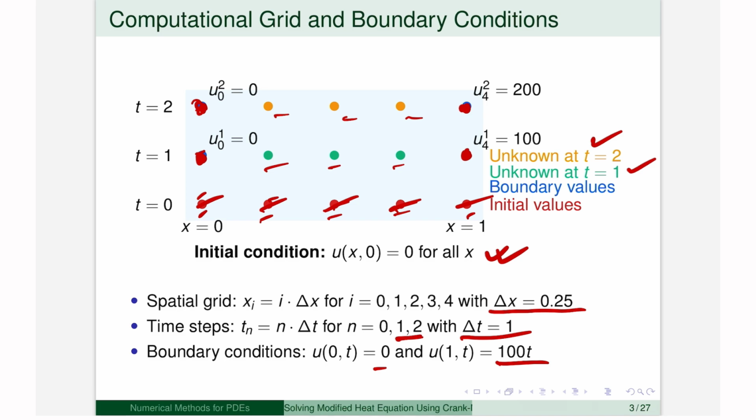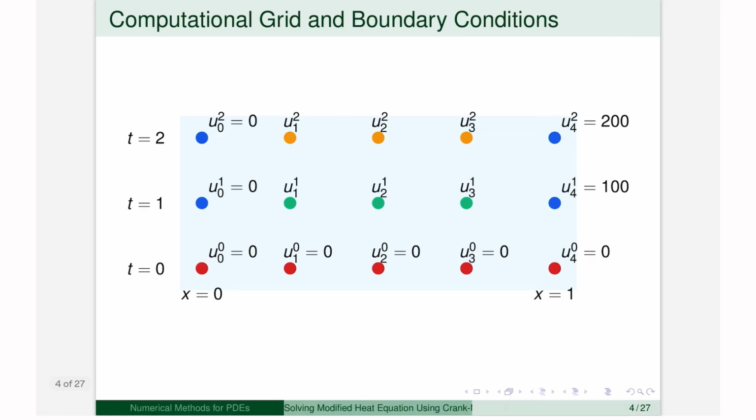Now if you see the picture, the visualization of the computational grid and boundary condition, everything is given here. So t equal to 1, t equal to 2, and these are the initial conditions, all are 0. These are the boundary conditions, that is given as 100 and 200, and these are again the boundary conditions that are also given.